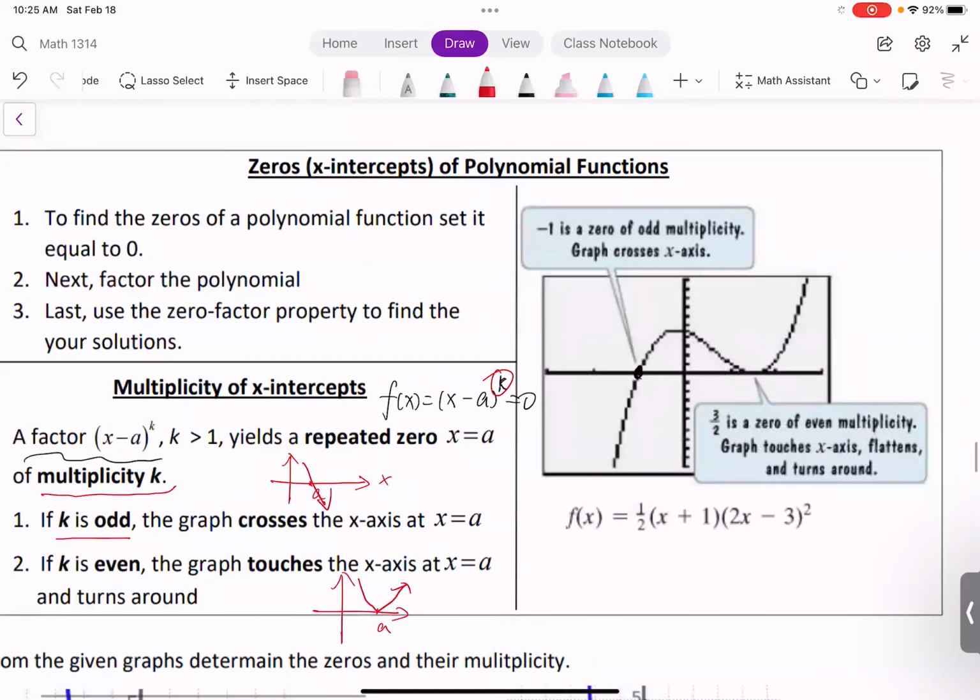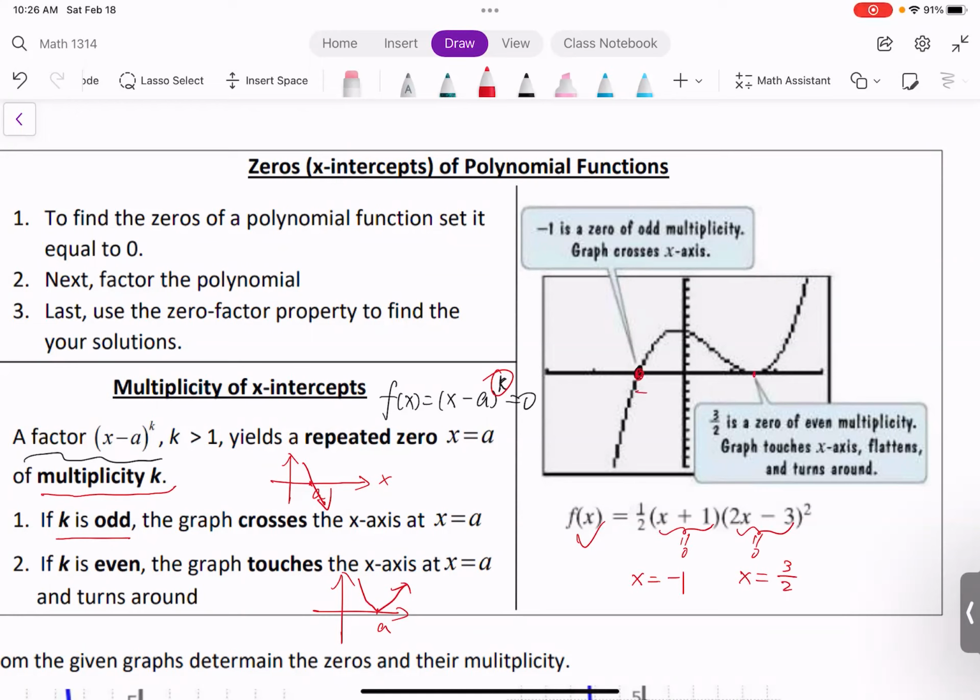Let's see the example. If I have the function f of x in factored form, they factor the expression for us. Then we can set the first factor equal to 0 and the second equal to 0, and solve for x: x equals negative 1, and x equals positive 3 over 2. Then we can plot the points here and here.